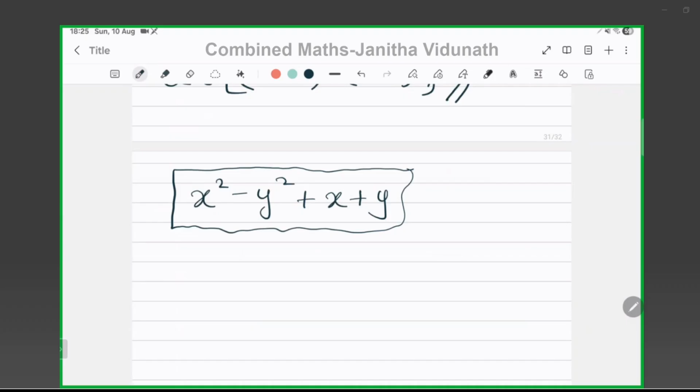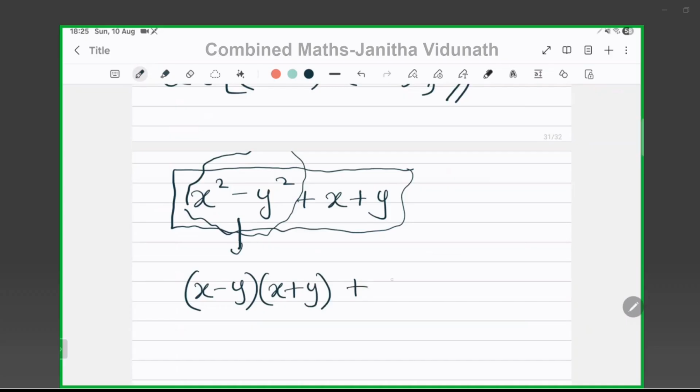Here we can see that there is a difference of squares. Then we can put x minus y times x plus y. Then there are remaining x plus y terms.